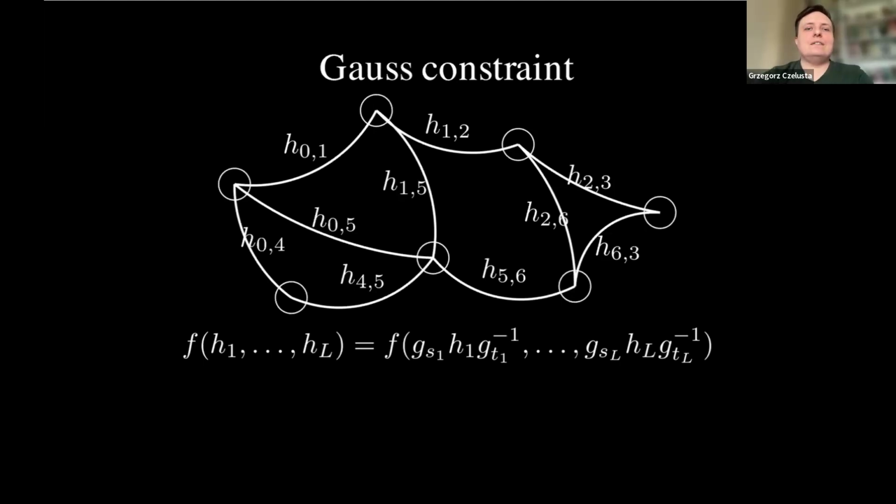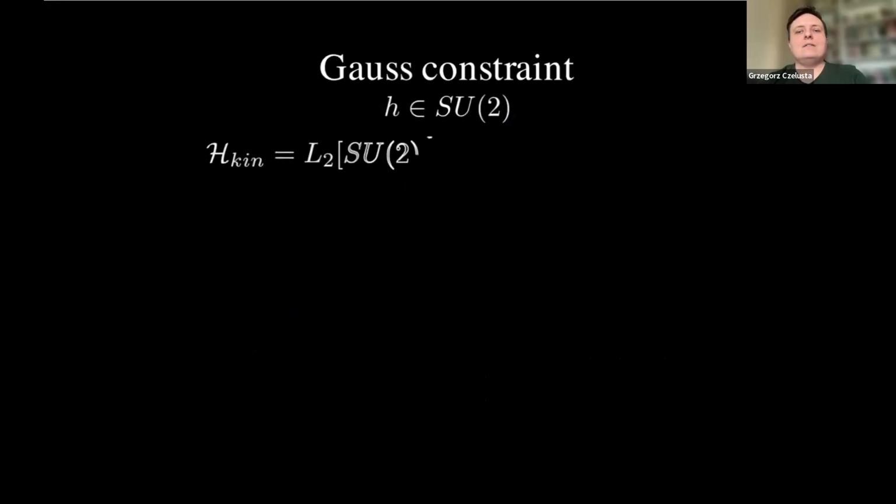So now we can return to the origin of the spins in the name of spin network. Spin network states, as we see, are functions on products of SU2 groups. So we have one copy of SU2 group assigned to each link of the graph, and by the Peter-Weyl theorem, this space of functions can be decomposed into irreducible representations of SU2.